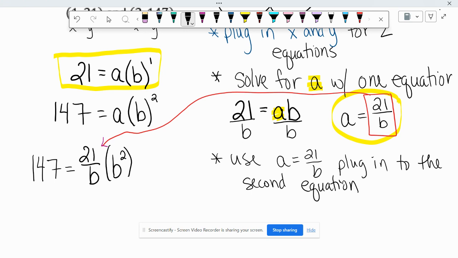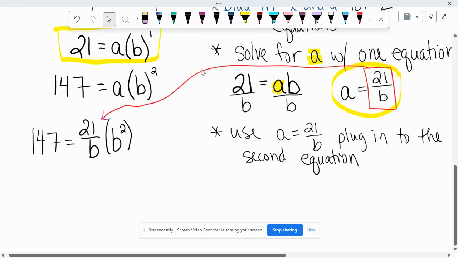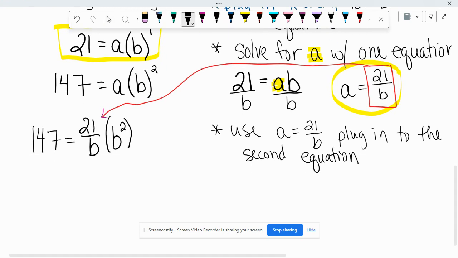Okay, so now I want you to think about exponent rules. Well, this is 147 equals 21 over B times B squared over 1. That's what that really is saying.